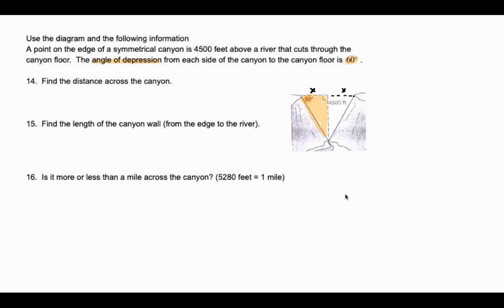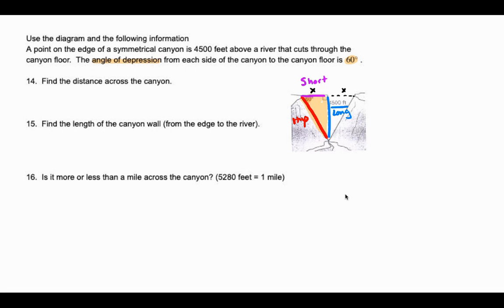So our hypotenuse is the canyon wall. Our distance across half the canyon is the short leg, and our vertical distance down the canyon is our long leg. So that's the one that we know.